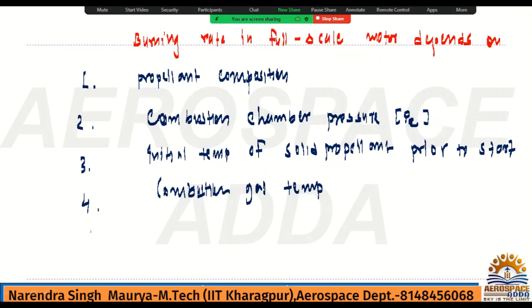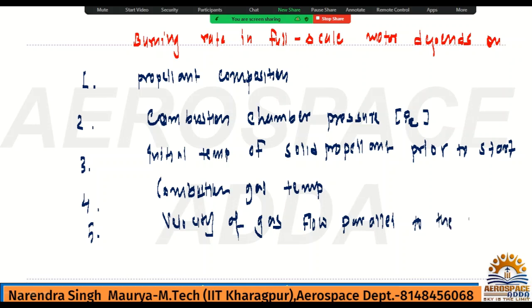Fifth, very important, it is called velocity of gas flow parallel to the burning surface. Okay, these are a few very important points for the burning.